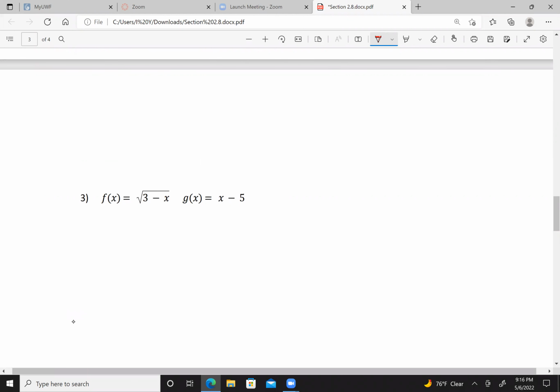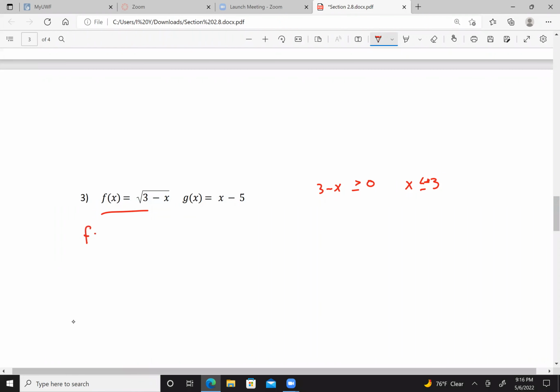All right, here we have to look at f of x. We have a restriction. 3 minus x must be greater than or equal to 0, so x must be less than or equal to 3. So we have to take that into mind for any of these functions.